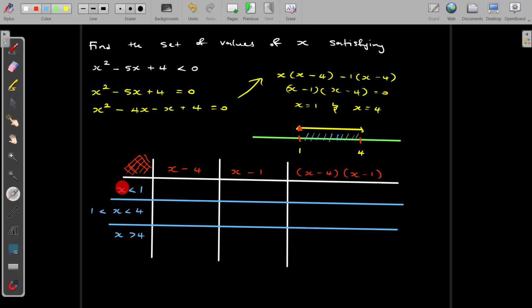Any value that is less than 1 would fall in this region. So what we're going to do is pick a random value that is less than 1. One such value would be 0. So if x is equal to 0 and we substitute it here, what will we get?